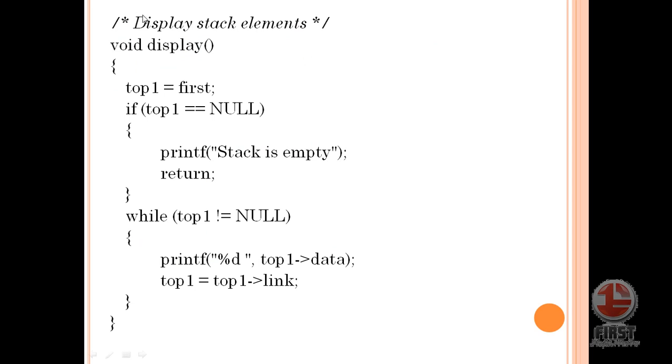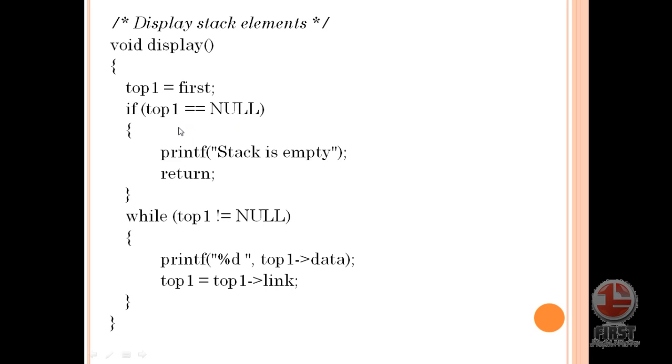Similarly, we can display all the elements in the stack. To display all the elements, we create a new pointer called top1, which will be pointing to the first node. If we do not have any node where top1 is pointing initially, if it is null, then the stack is empty, obviously.